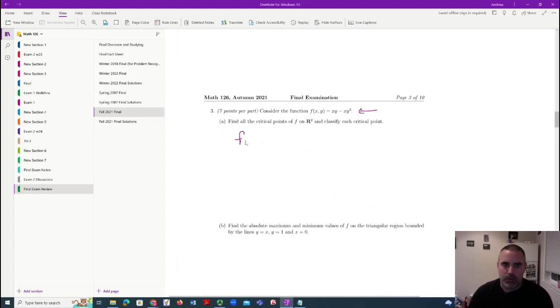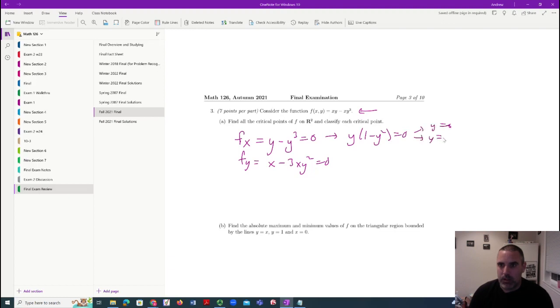So you would do the partial with respect to x: y minus y cubed equals 0. The partial with respect to y: x minus 3xy squared equals 0. Probably easier to start with this one because it factors. That gives me y equals 0 and y equals plus or minus 1. If you start with equation 1, there's 3 things that can happen: y could be 0, y could be negative 1, y could be 1.